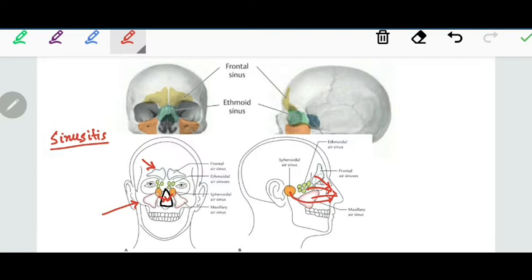So it will result in persistent thick purulent discharge from the nose as a result of sinusitis. So sinusitis results in nasal discharge.